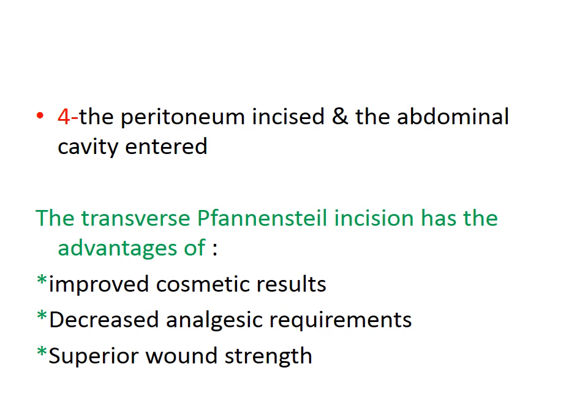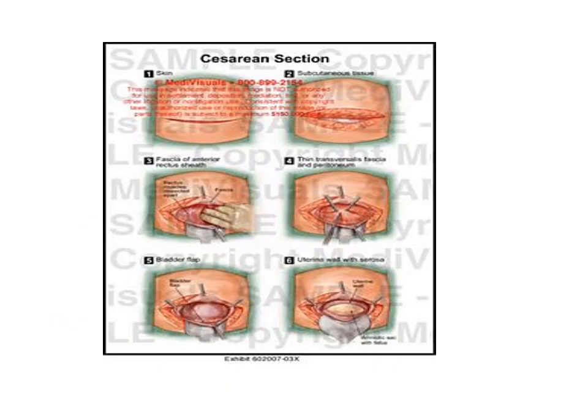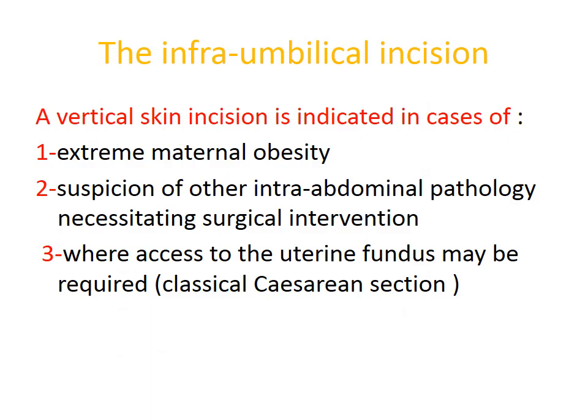As well, it carries a superior wound strength. This figure illustrates how we are going to incise the abdominal wall as well as the uterine wall, and as I will explain to you in the next few slides.